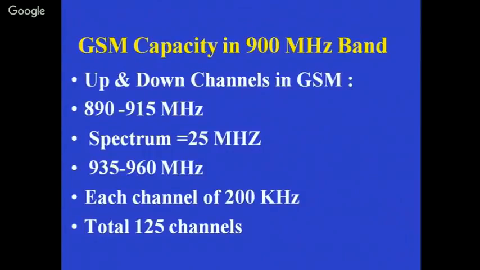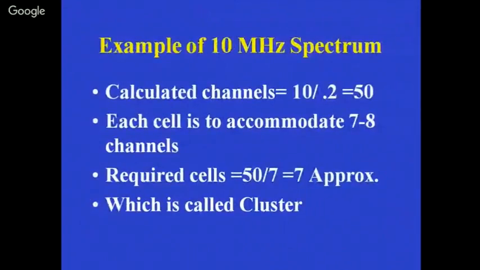How many channels are available? 125. You have gone through it. Suppose we take the example that not everybody has a 25 megahertz spectrum, say only 10 megahertz. Understand? In a 10 megahertz spectrum, how many channels? See here, 50 channels.